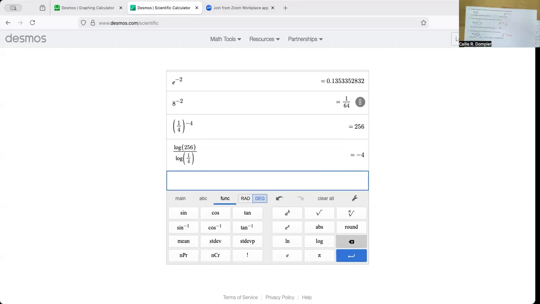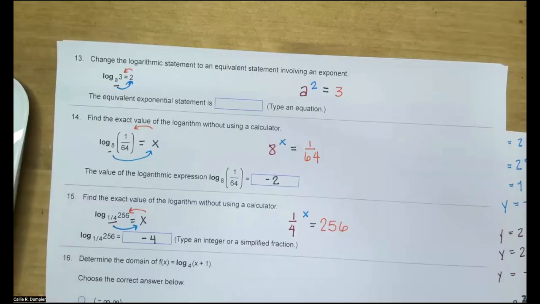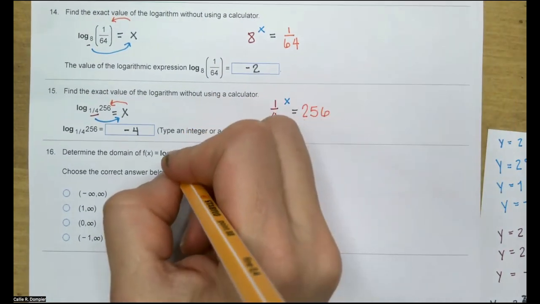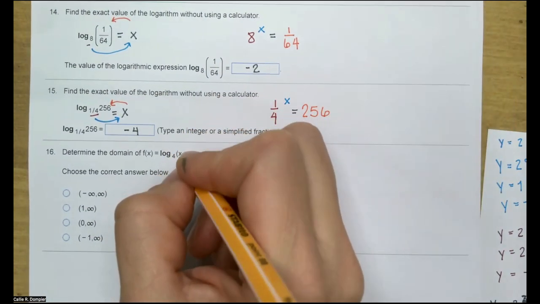All right. Now it's asking us to determine the domain of f of x equals log base 4 of x plus 1. You can just graph that if you want, but we can switch this back.